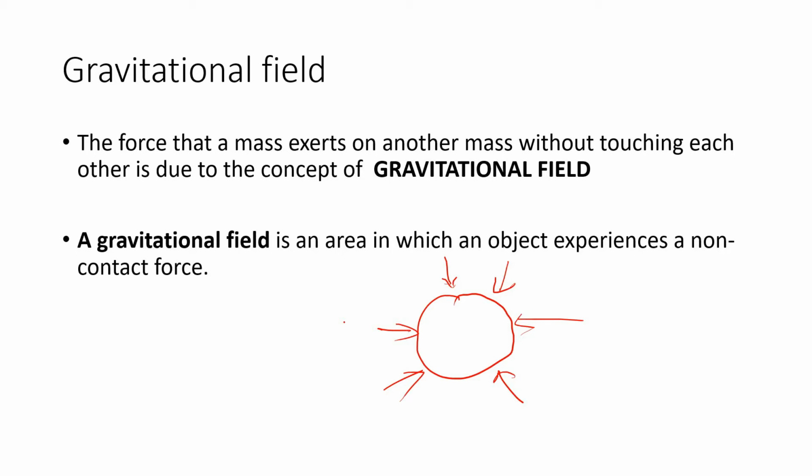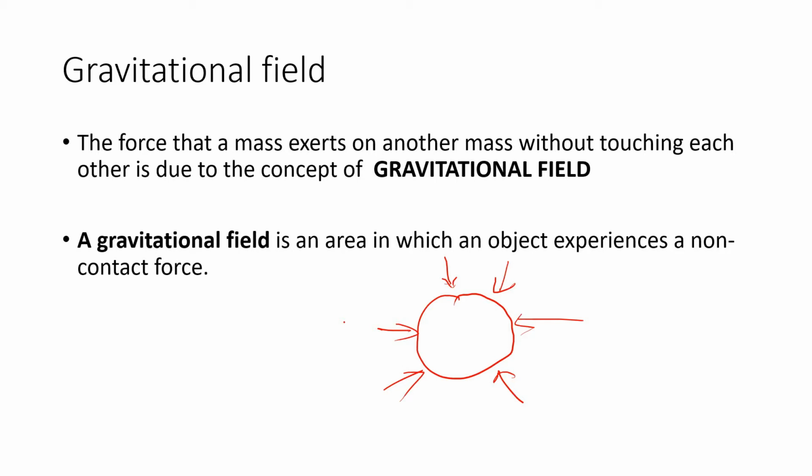It says here that a gravitational field is an area in which an object experiences a non-contact force, right? So I must point out to you that gravitational forces are what we call non-contact forces. They are forces that are experienced without touching each other.